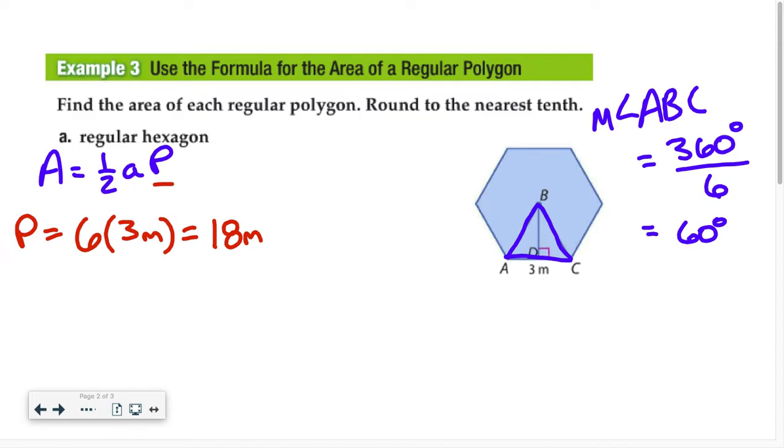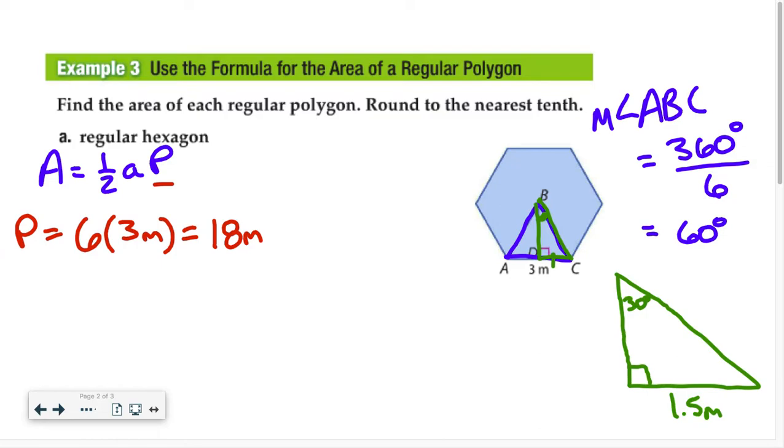That is useful because now I'll take a look, using green this time, at this right triangle. It's not really drawn to scale here. I have a side length of 1.5 meters, and then I've got half of the central angle. The central angle was 60 degrees, so half of that would be 30 degrees. That's this angle DBC.